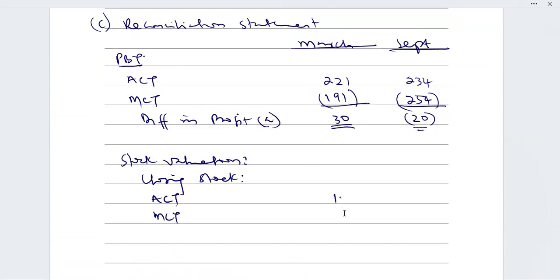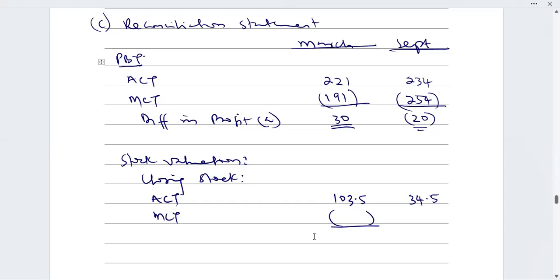Thank you. What's the difference? For the second year, the two, marginal and absorption. Okay. 34.5. Let me remove this.